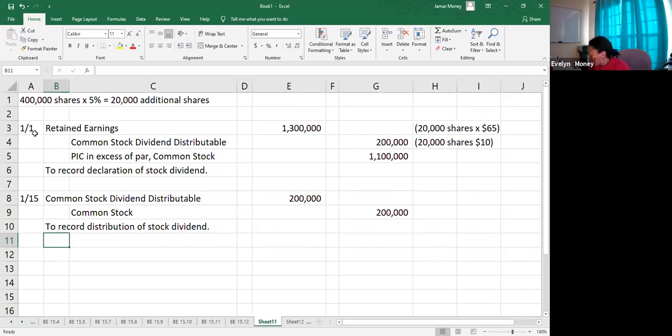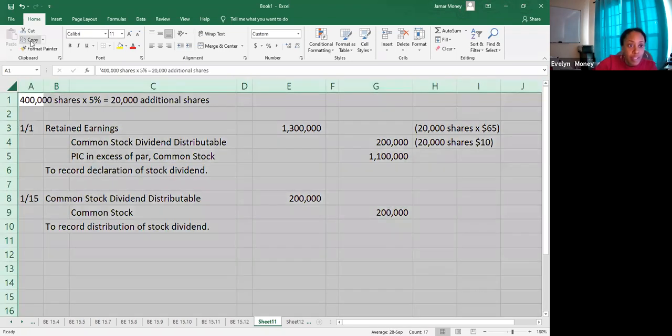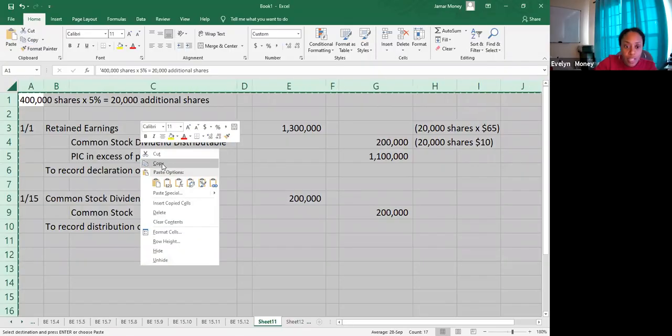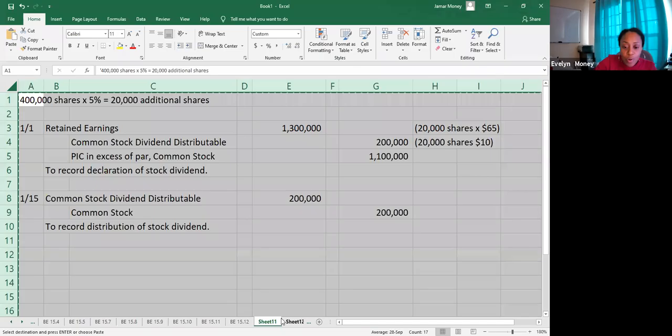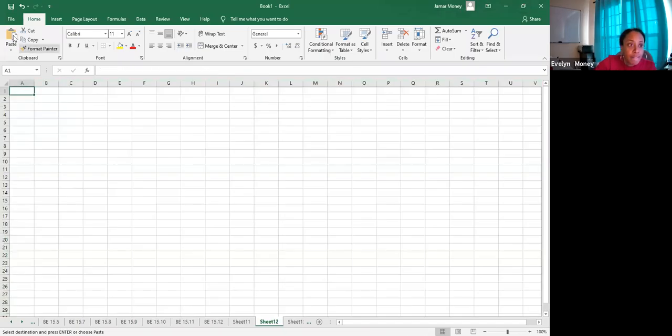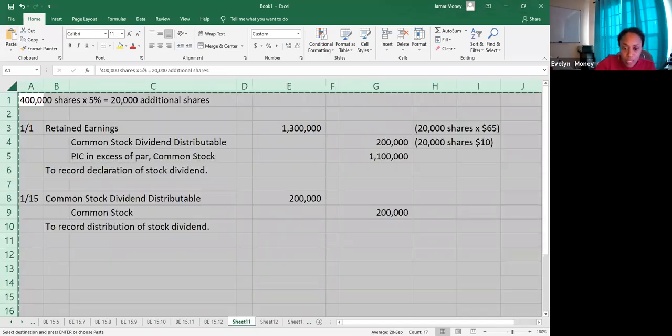So we're looking at a large stock dividend this time, 100%. So we need to prepare the entries for both the date of declaration and the date of distribution. So all the same facts, only we've changed that dividend percentage, which of course will change my journal entry.